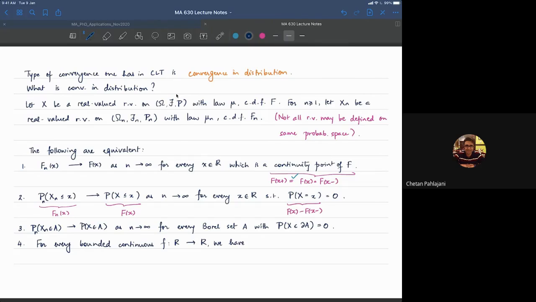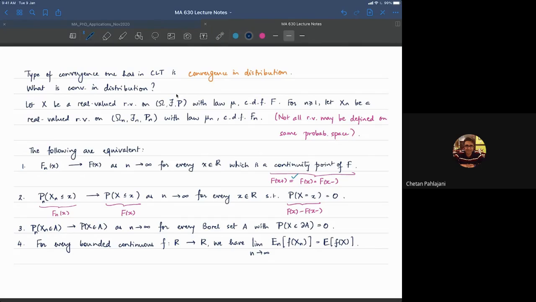we have the limit as n goes to infinity of En of f of xn equals E of f of x. Now remember that there is an n here because the probability measure is Pn. So since the probability measure changes with n, the expectation operator changes with n. All right, so these are a couple of different ways to say the same thing. And what are we going to say?